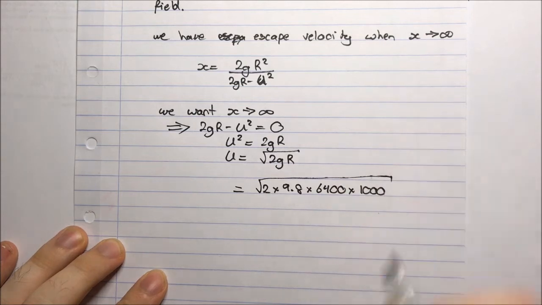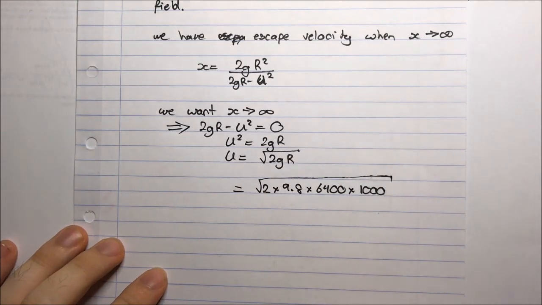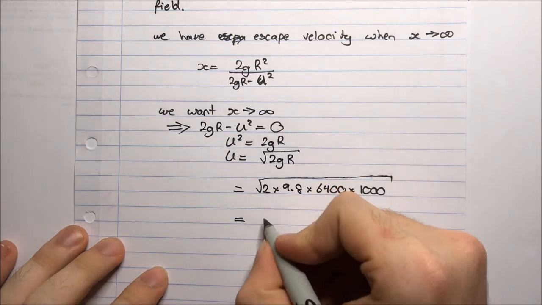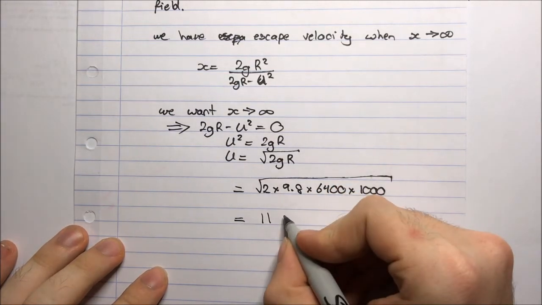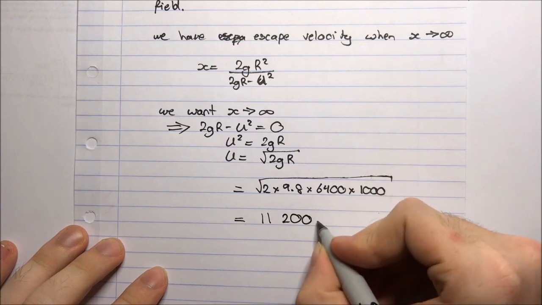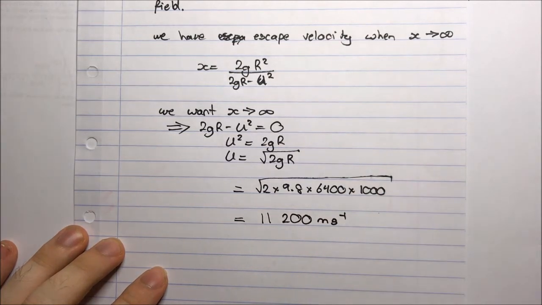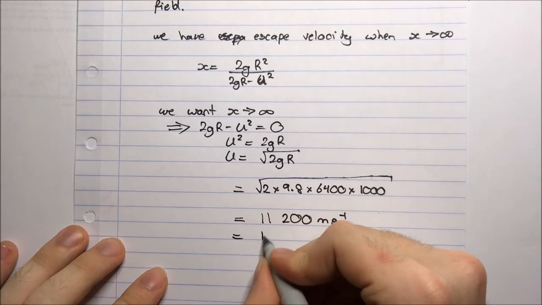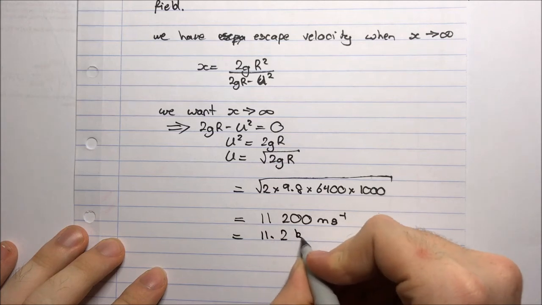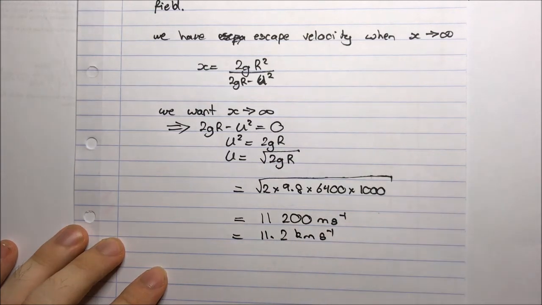And if you calculate that, I don't have my calculator here, anyway, you'll get something close to 11,200 meters per second, or we can write that as 11.2 kilometers per second.